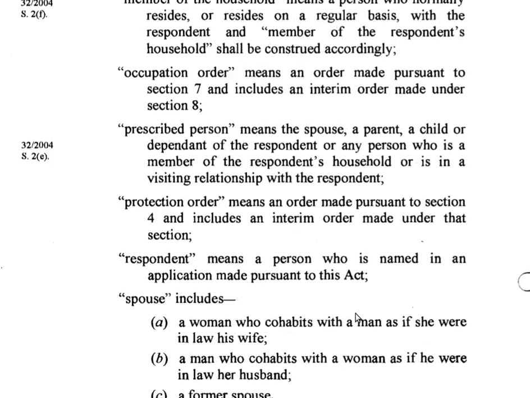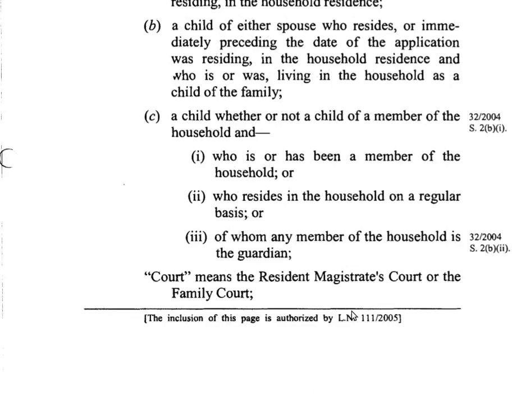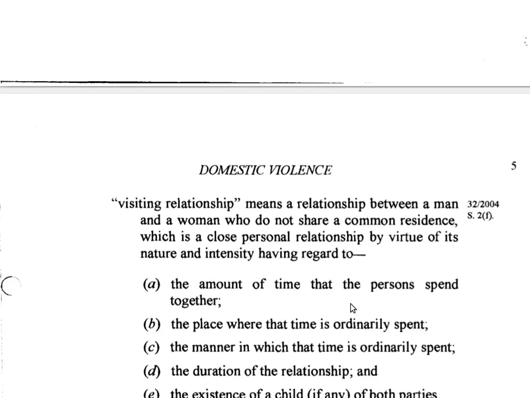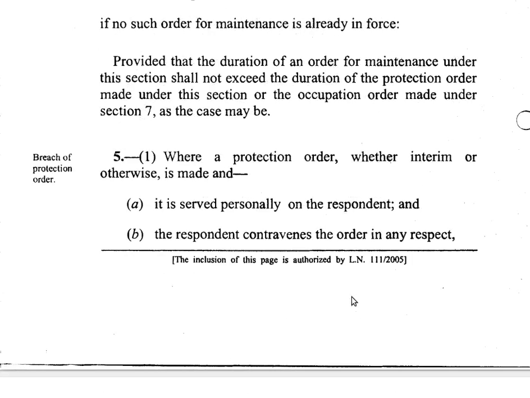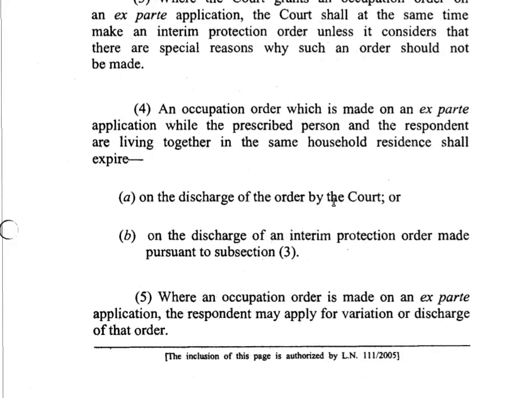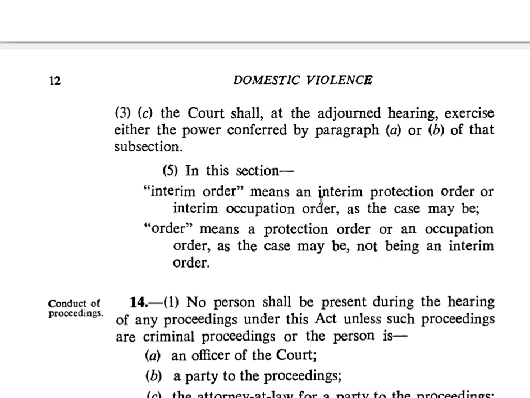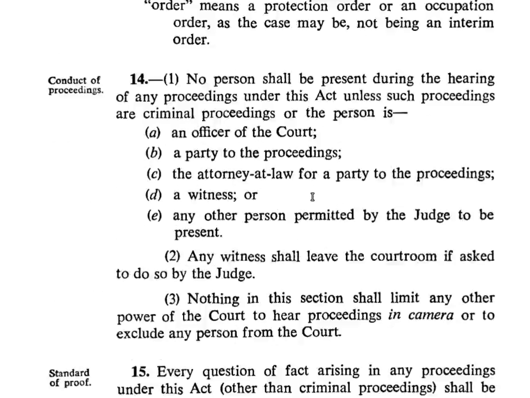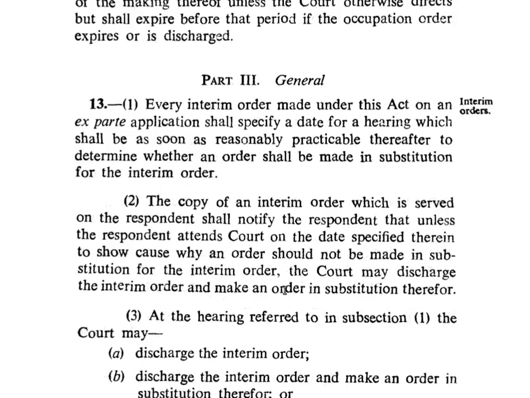But I'm not seeing it back in the definition. But I think the interim order is an order with an expiry date. Other orders would only be cancelled where a protection order, whether interim or otherwise, is made. Alright, I think the interim order has a short expiry date. Other orders may have to be cancelled by the court, but let's return to page 11. Alright, we'll continue.